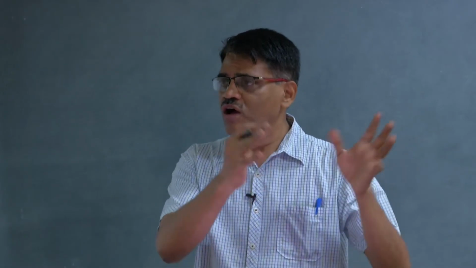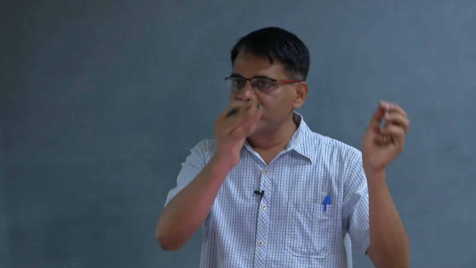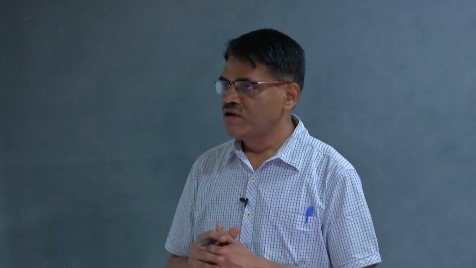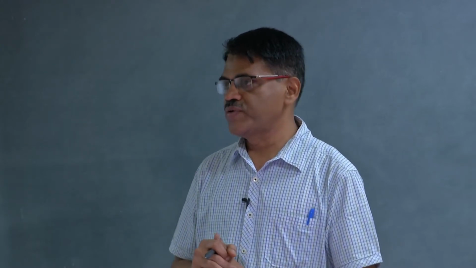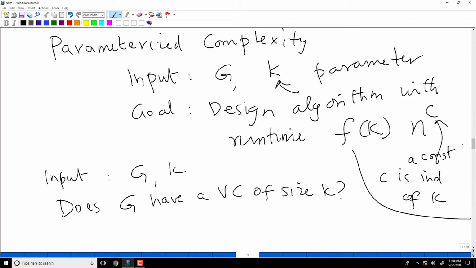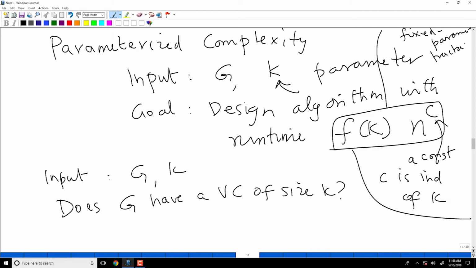We already saw some branching in the general paradigm. Can you use some branching to design a better FPT algorithm? FPT stands for fixed parameter tractable, that is a technical term here. If you decide one vertex is in the vertex cover, it reduces to a problem of size k minus 1.